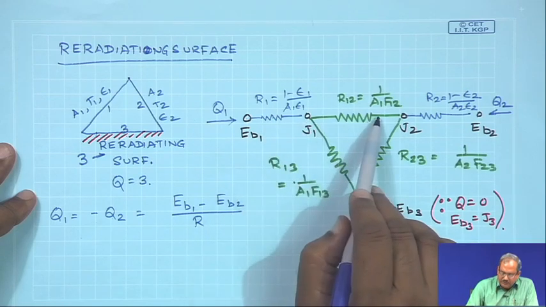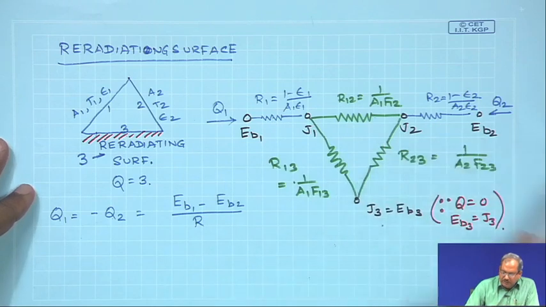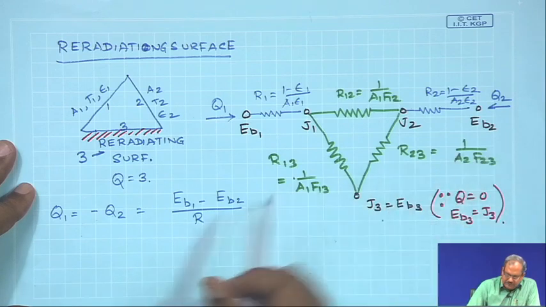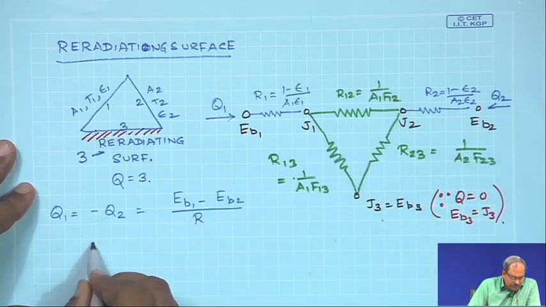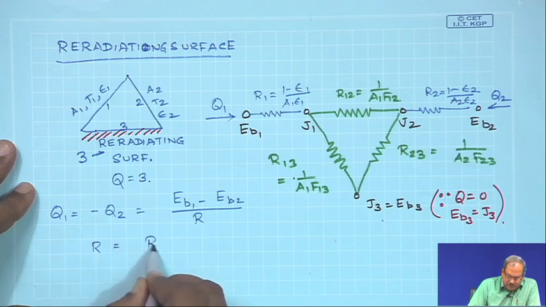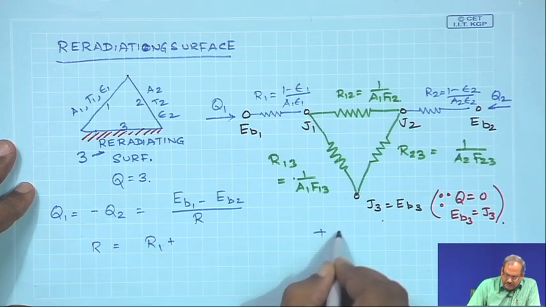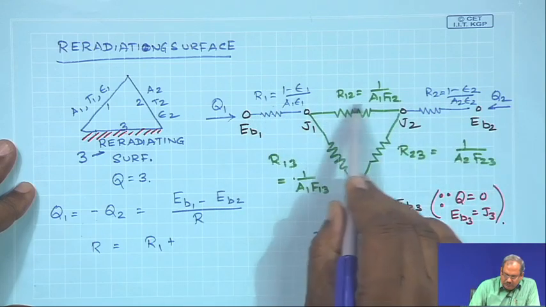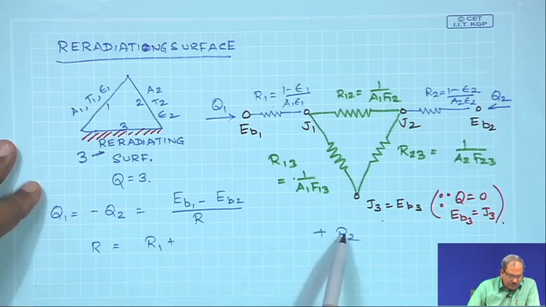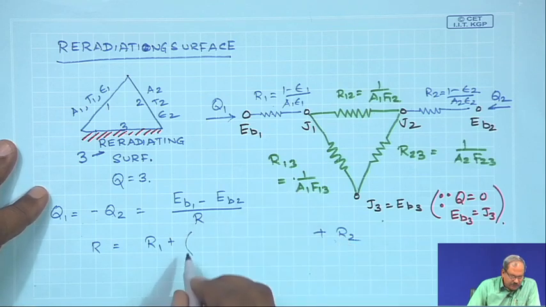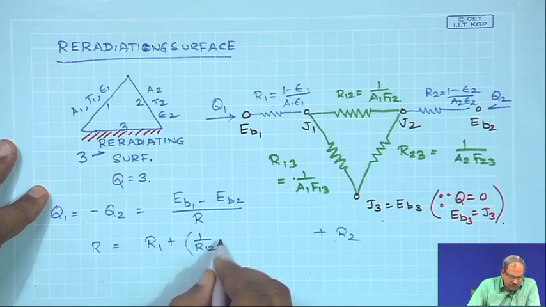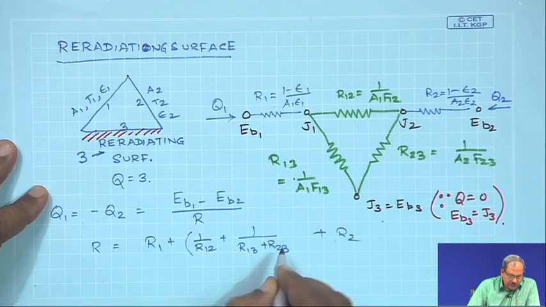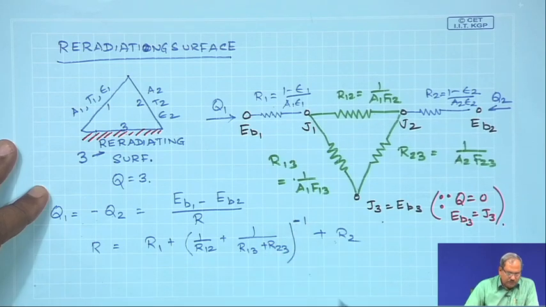The equivalent resistance between EB1 and EB2 can be substituted, and this effective resistance R would simply be equal to R1 plus R2, so these 2 are in series, plus the equivalent of this, which is in series with R1 and R2, and can simply be written as [1 by R12 plus 1 by (R13 plus R23)] to the power minus 1.